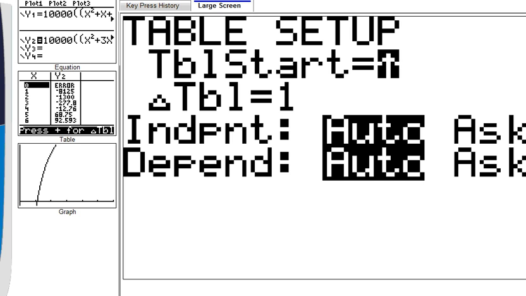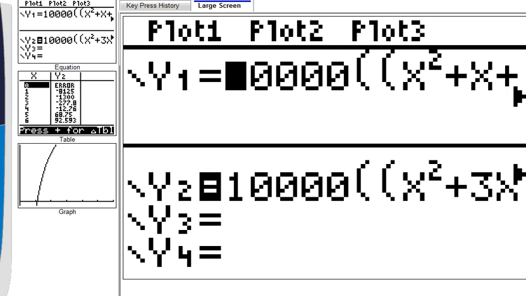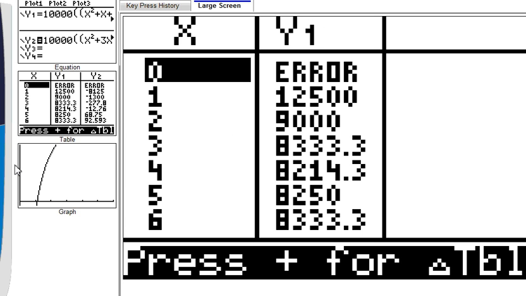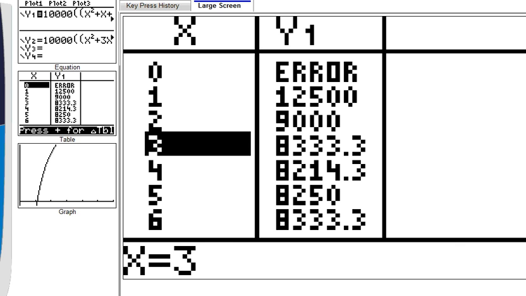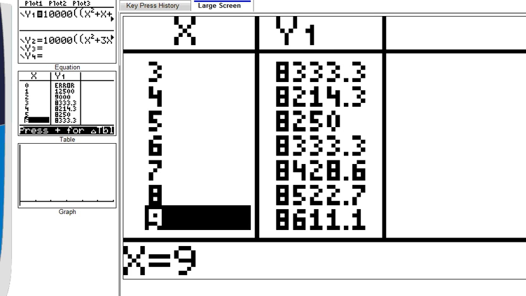So let's go to the table. Oh, I'm on y2, I've got to go back to y1. Sorry. And I can shut off y2. So now I want to find the table, and again, there's my 3, 8,333.3, but I knew that at the beginning of part B.